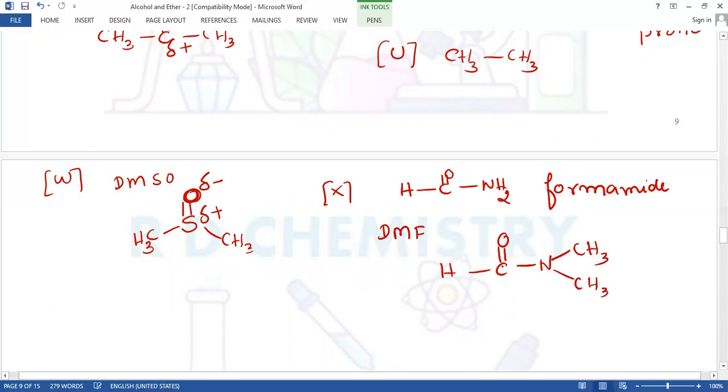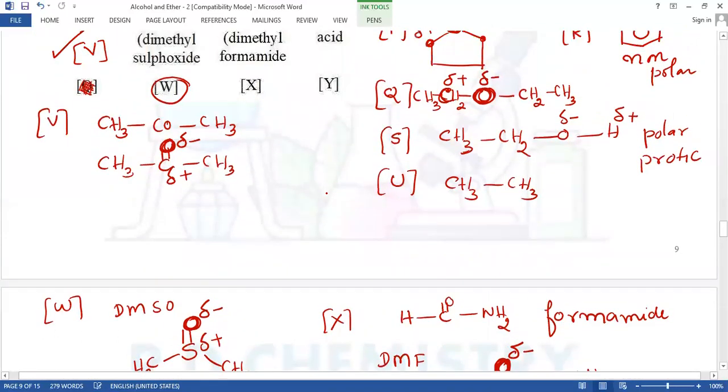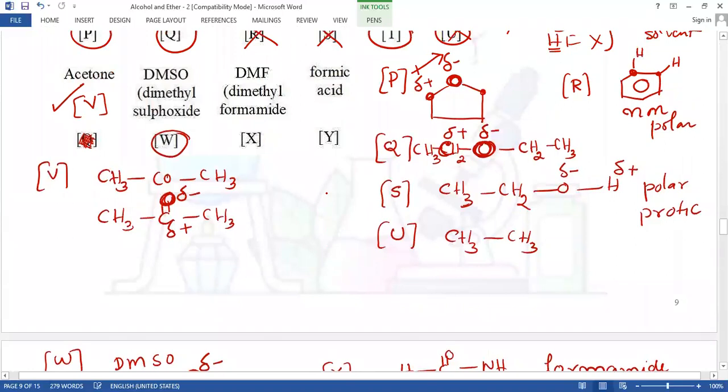Now see here, in the carbon oxygen double bond, oxygen is electronegative and carbon is electropositive. Polarity is there, but oxygen does not have hydrogen attached. So it is an aprotic solvent. Therefore, X also comes in the picture here.